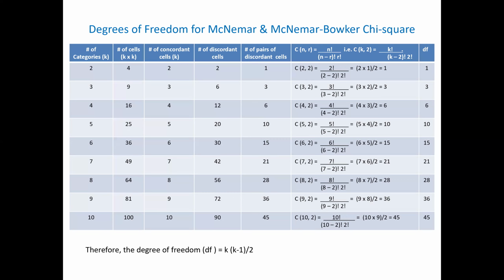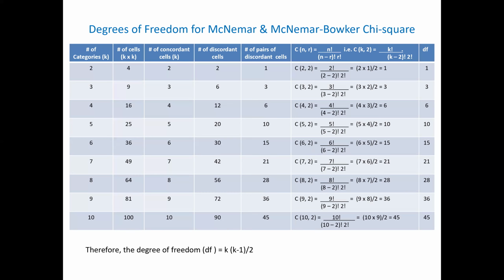This one, you need not bother yourself with. The logic behind it is how we come about the number of discordant pairs. It's not just by looking at the table, you won't get it. For the number of pairs of discordant cells, you now use permutation. In how many ways can you pair n number of items?